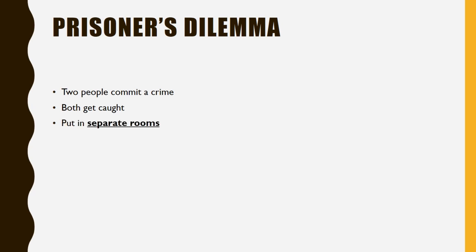They're in a police office, and they're put in separate rooms for interrogation, and that's really, really important. So if they're put in separate rooms, then understand that they cannot talk to each other. If they could talk to each other, they might be able to coordinate, they might be able to collude, but this means they can't. So they're in separate rooms, keeping them away from each other, unable to discuss the situation.